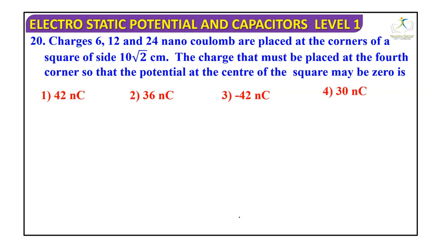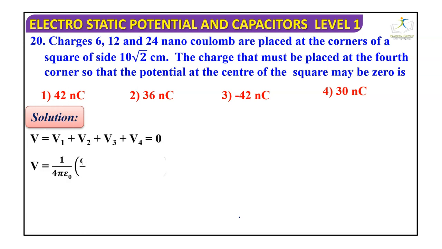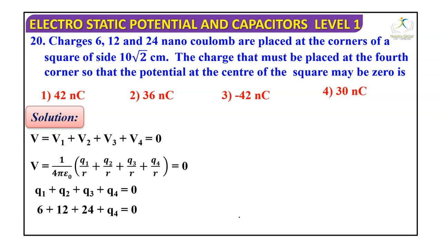So here it is 42 nanocoulomb, not Newton coulomb. In the solution for this, V is equal to the summation of all these potentials, and after putting the values we get Q4 equal to minus 42 nanocoulomb. So according to this, the correct option for this question is option 3. Here I said Newton coulomb, but that is not Newton, that is nanocoulomb.